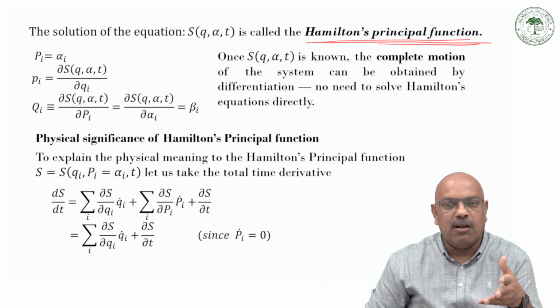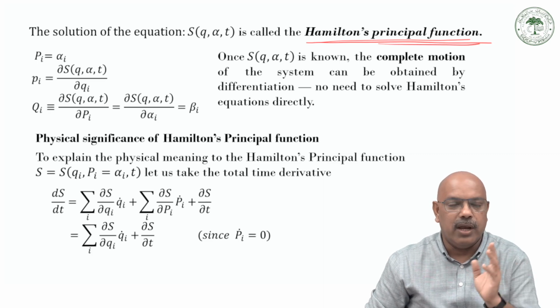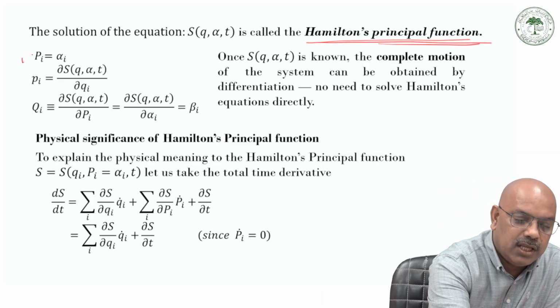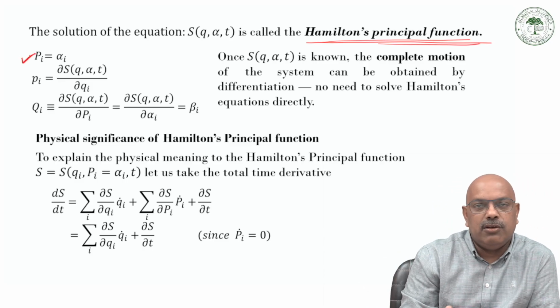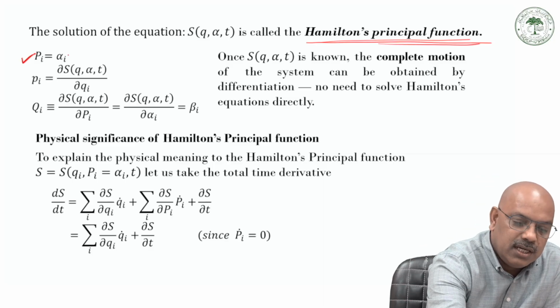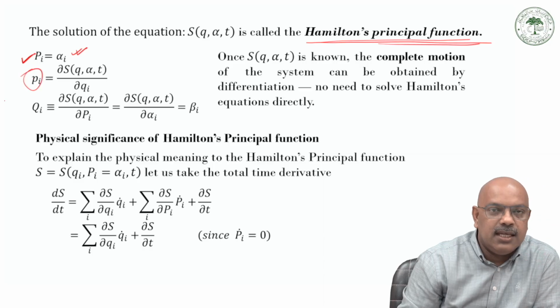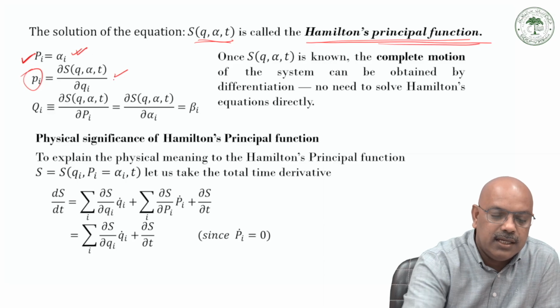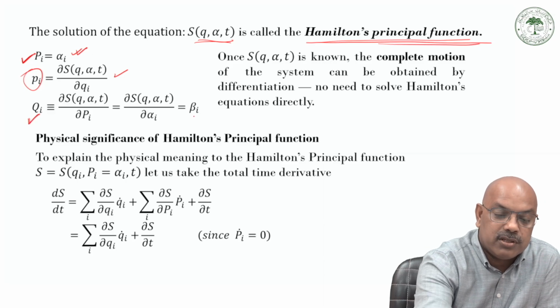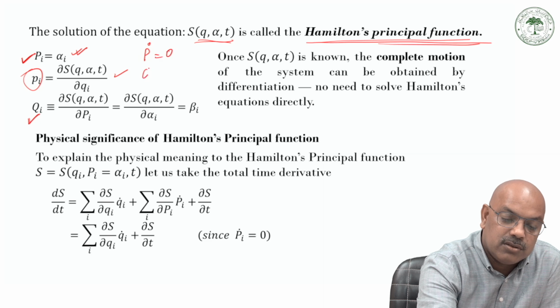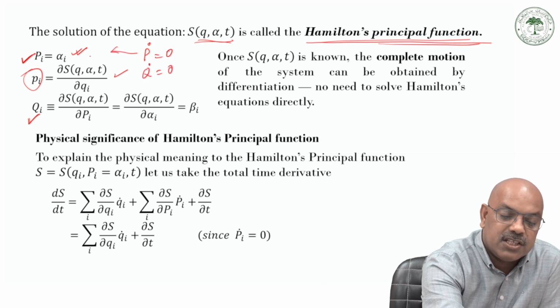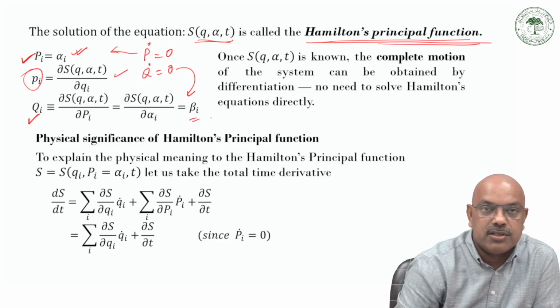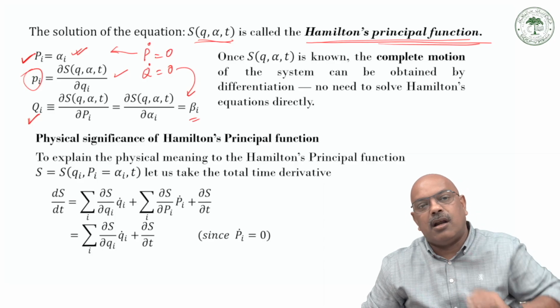We need not solve the entire 2n Hamilton equations of motion directly, because when you write the Hamilton-Jacobi equation, your process demands that this capital Pi is going to be constant, and then the small pi can be calculated from the Hamilton principal function, ∂S/∂qi. The capital Qi is also going to be constant, because P dot equals 0 and Q dot equals 0. From this I have P constant, alpha, and from here I have Q constant, which is beta. These are the two constants.